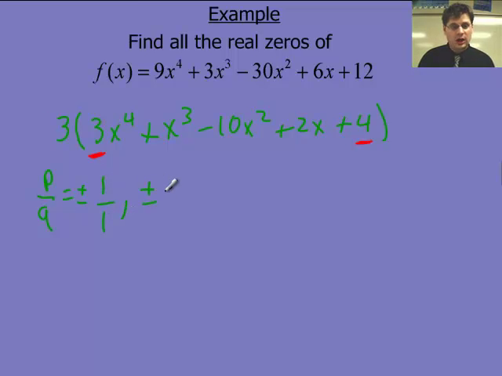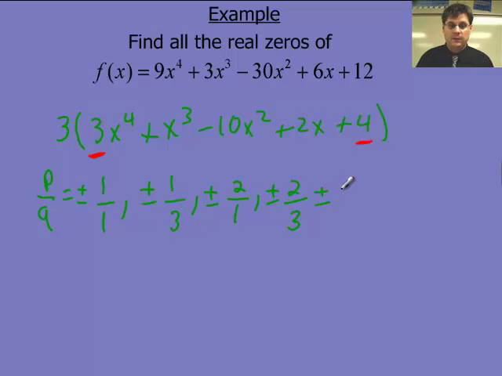Then I'm going to continue using the 1 and look for a different factor of 3. The only other factor of 3 is 3, so I have plus or minus 1 over 3. Since I have no more factors of 3, I'm going to start using the next factor of 4, which is 2, and start over with 1 for the factors of 3, plus or minus 2 over 1, and then over 3, so we're left with plus or minus 2/3.